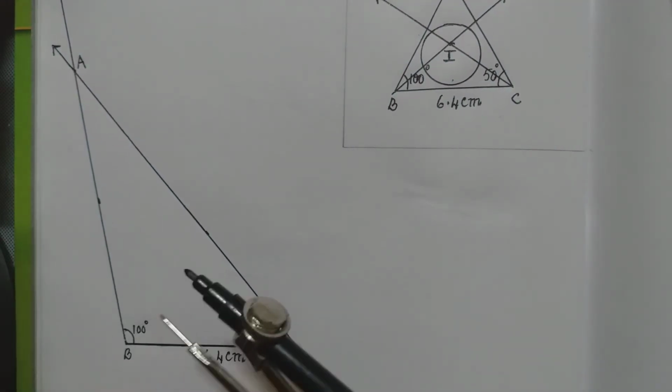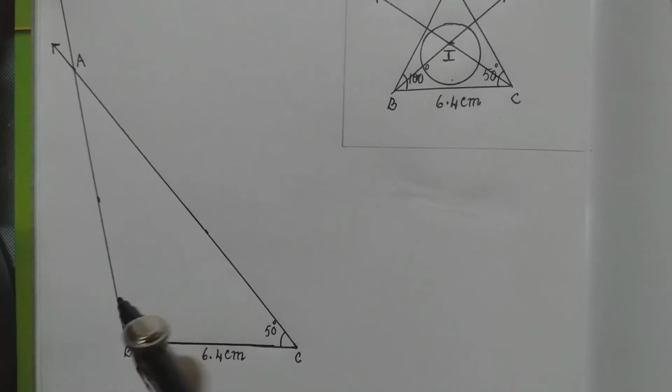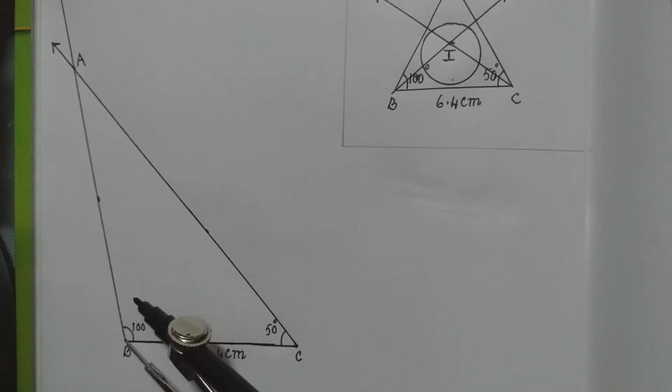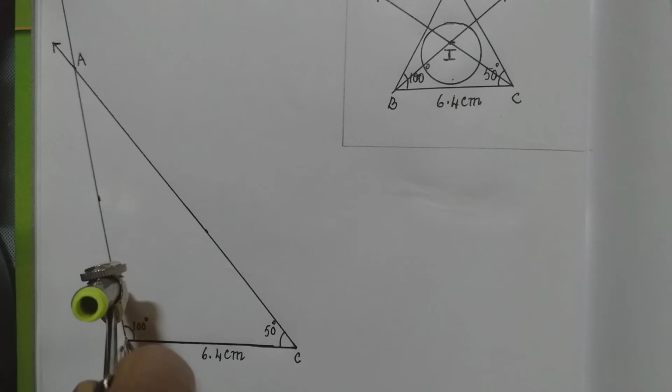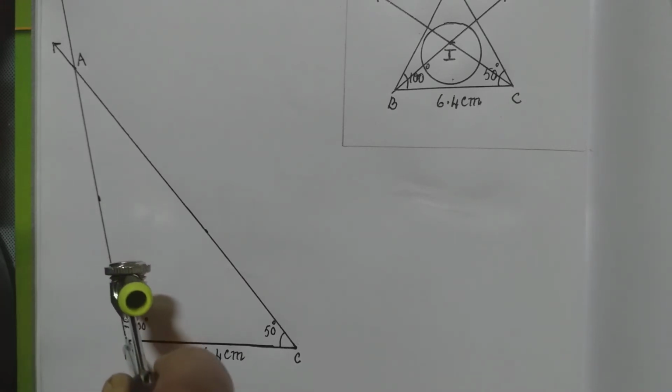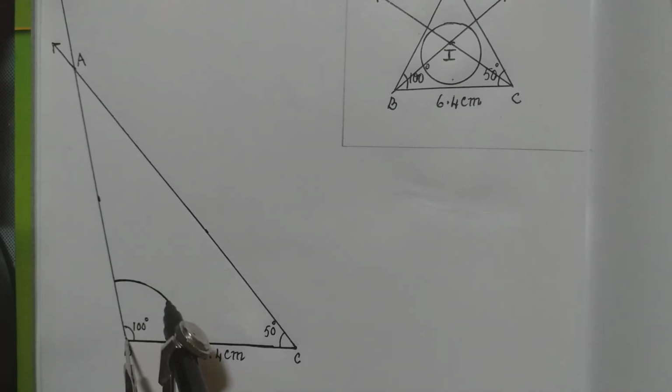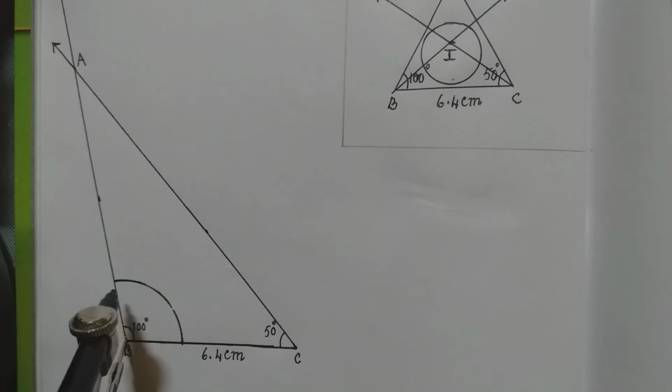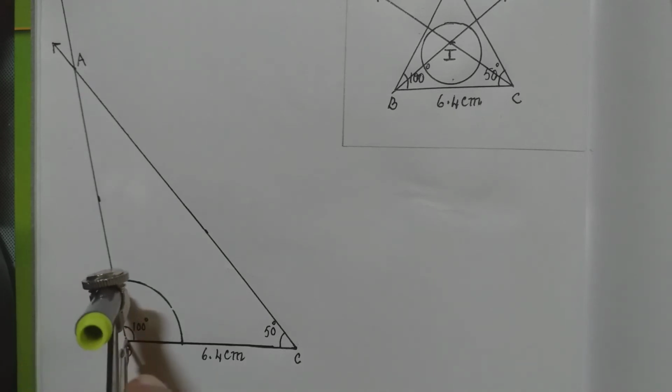Now we keep the point at B, and then I will draw a small circle such that it touches the two edges or two arms of the angle which form angle B.